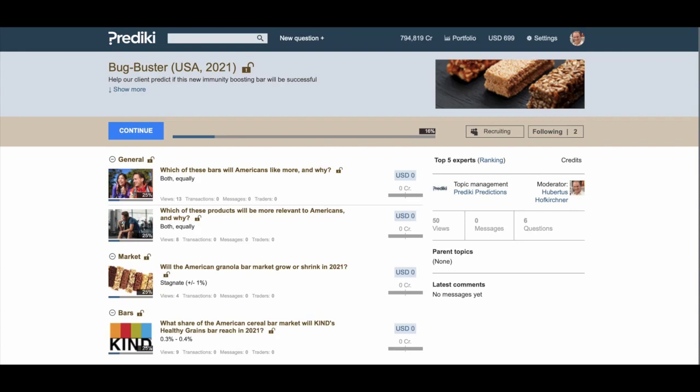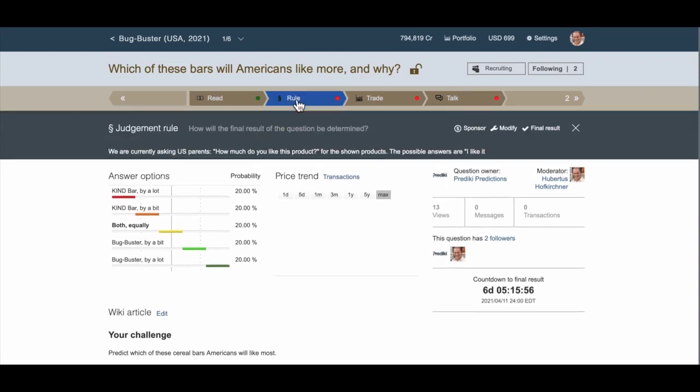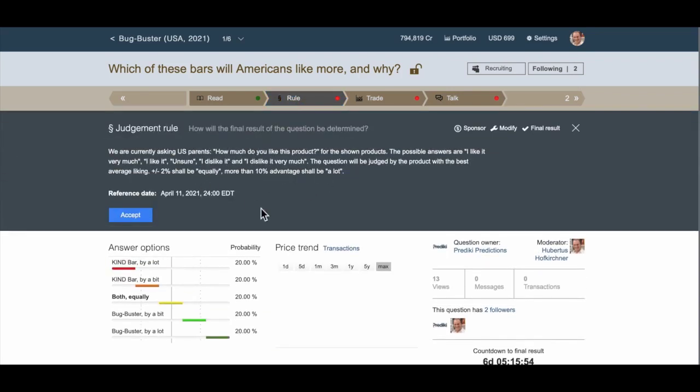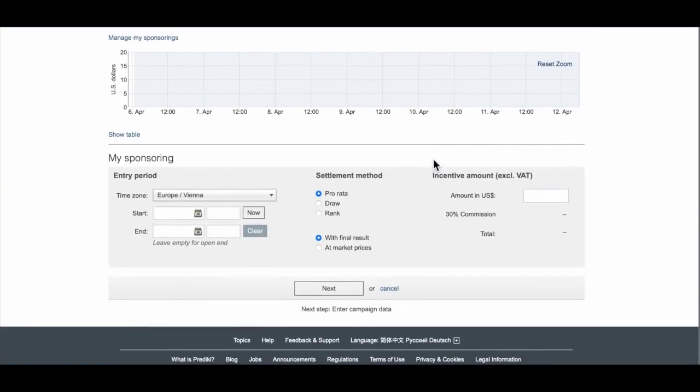Once I have checked and supported all questions, I'm now at pretty much my last job here, which is to make sure that participants get paid. On Prediki, this is called sponsoring. So we go into the first question, go into the rules section, which shows how the prize money will be settled, and now we tell the system how much it should be sponsored.